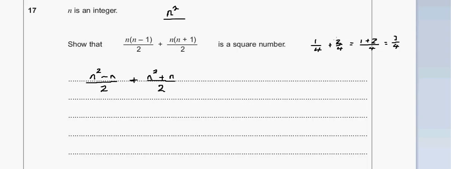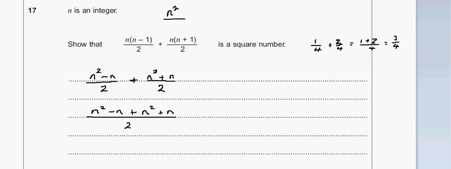I'm sure you understand that. So 1/4 plus 2/4 is the same as 1 plus 2 over 4. So this plus this can all be written over 2. So n squared minus n plus n squared plus n can all be written over 2.